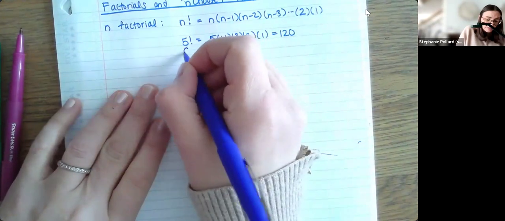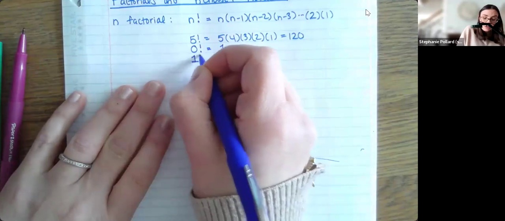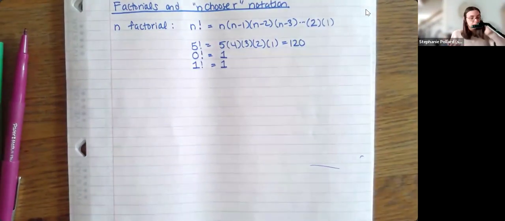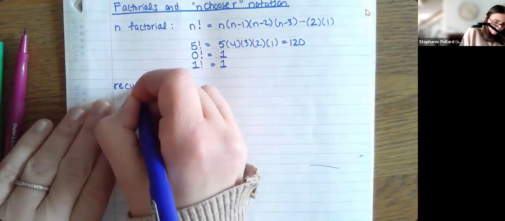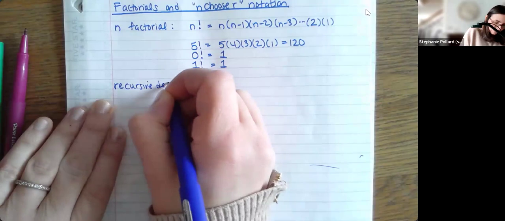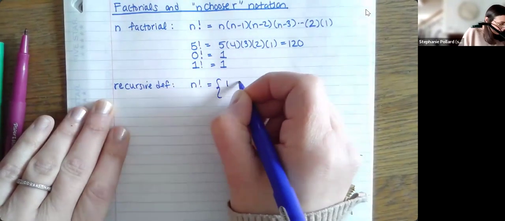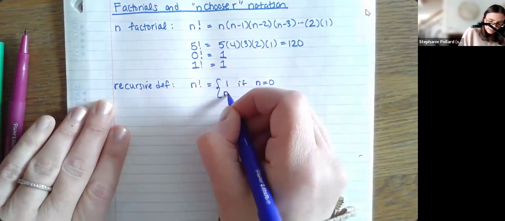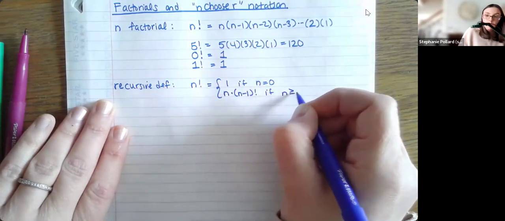As a side note, by definition, 0 factorial is automatically 1. 1 factorial is also 1. You can think of that more as just a definition, but 0 factorial and 1 factorial are both 1. There is a recursive definition here. n factorial is 1 if n is equal to 0, or it's n times n minus 1 factorial if n is at least 1.